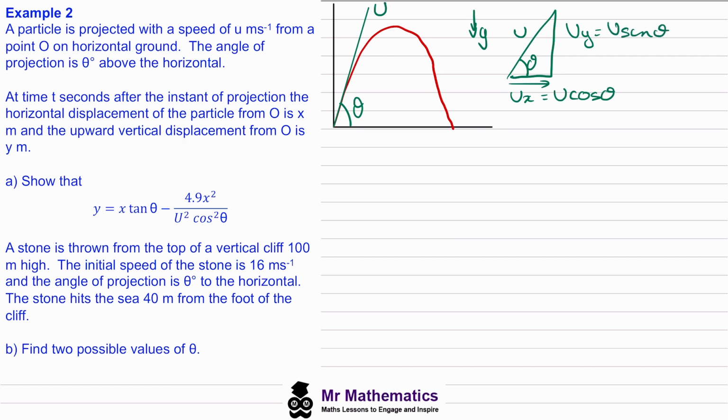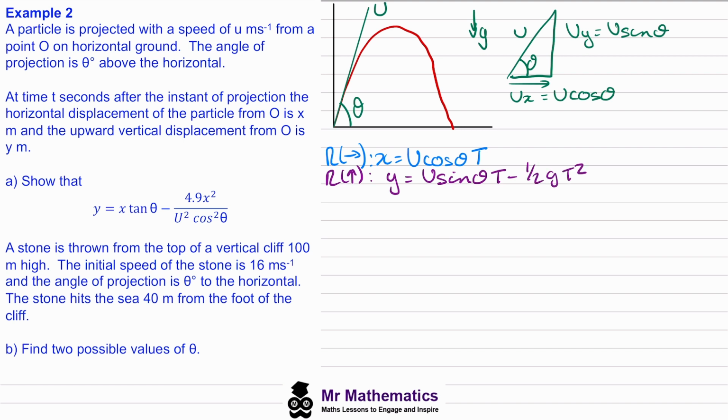So now if we resolve horizontally, we know x will equal u cos theta times time. The acceleration is 0, so the half at bit will go. Resolving vertically, we know y will equal u sine theta times the time minus 1/2 of g t squared.